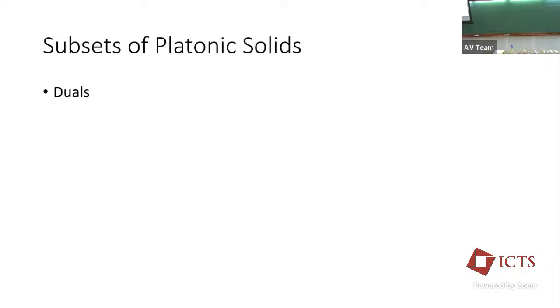Now, if you try to do the same for an octahedron, you end up getting a cube. An octahedron will have 4 faces on top and 4 faces at the bottom. So if you join the midpoints of these 4 faces, you will get a square. Similarly, you'll get another square. It's a perfectly symmetric thing, so if you rotate, you will get squares all around.